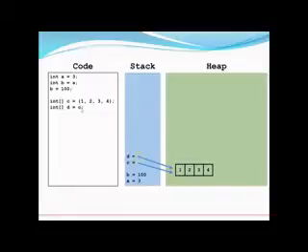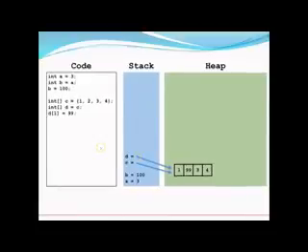Now, when we declare another integer array variable, D, and make it point to C, as in this expression, then D and C will both point to the place in the heap where this 1, 2, 3, 4 array is stored.